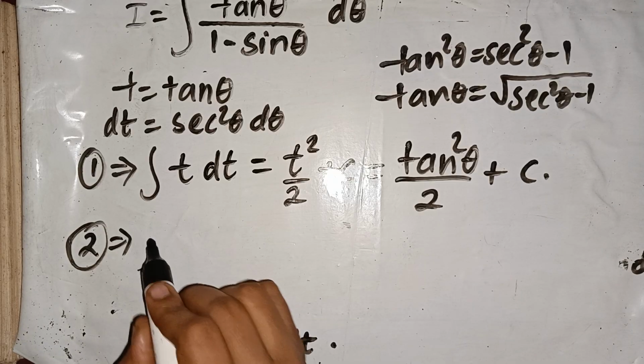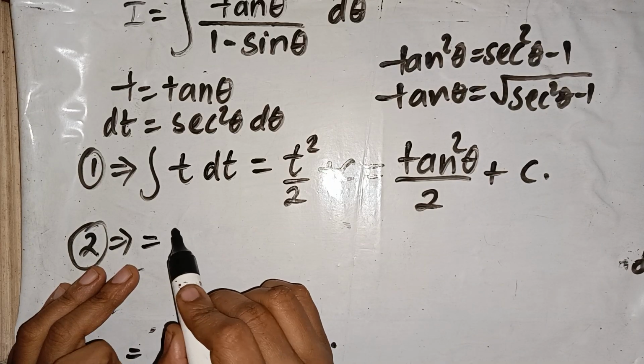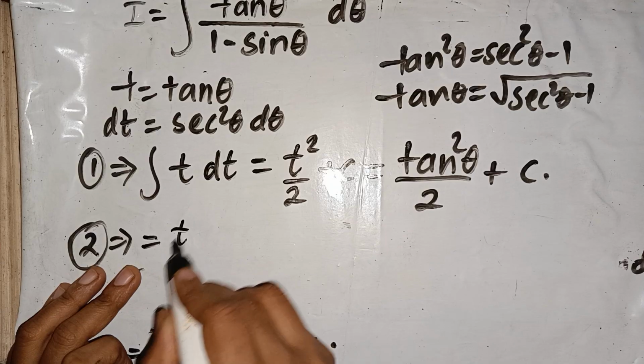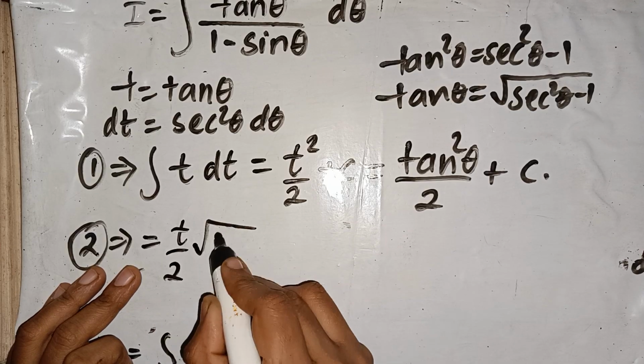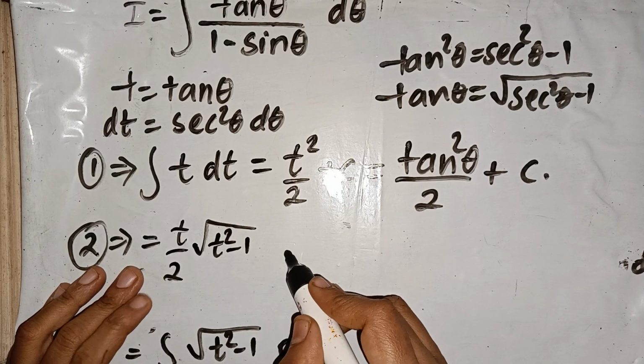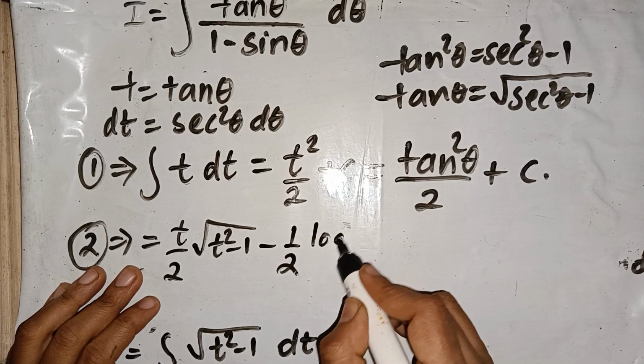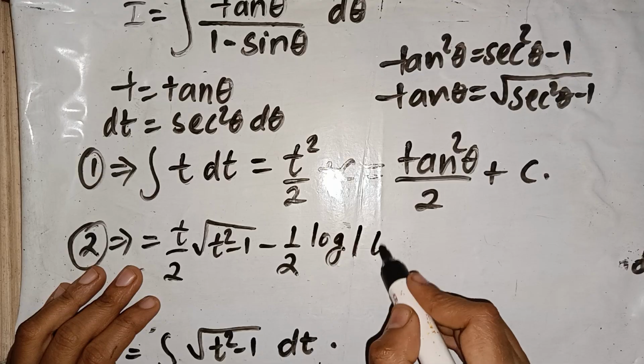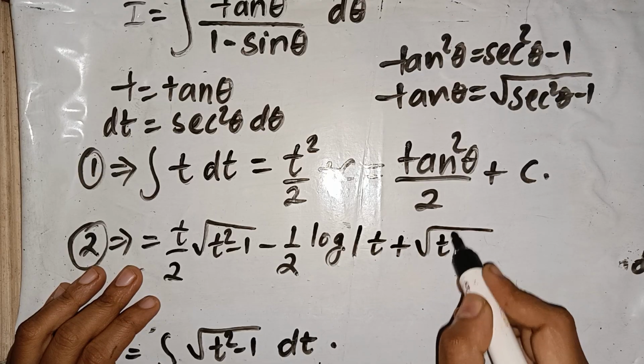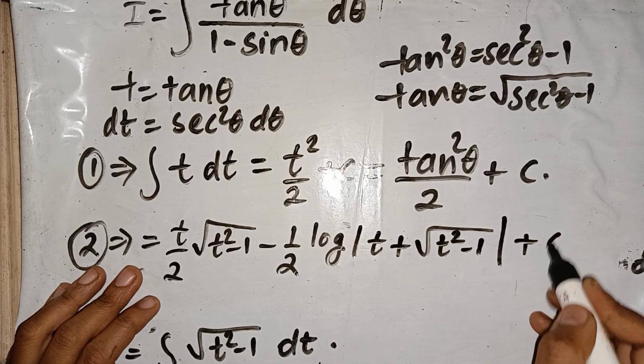That formula is t by 2 root of t square minus 1 minus half log t plus root of t square minus 1 plus c.